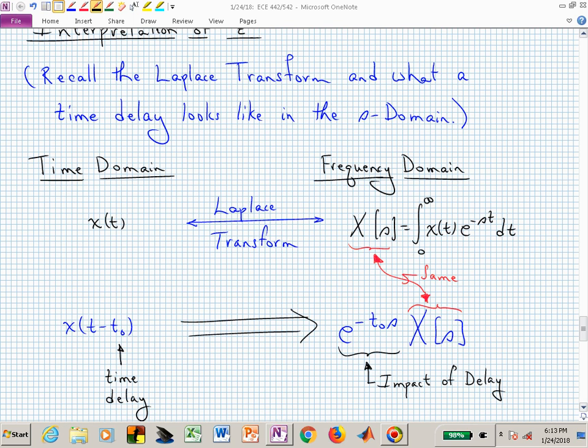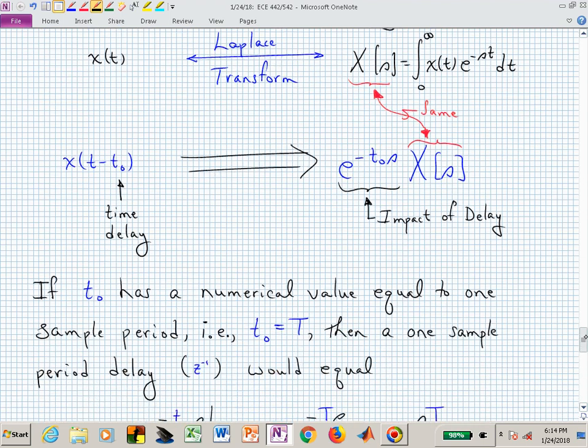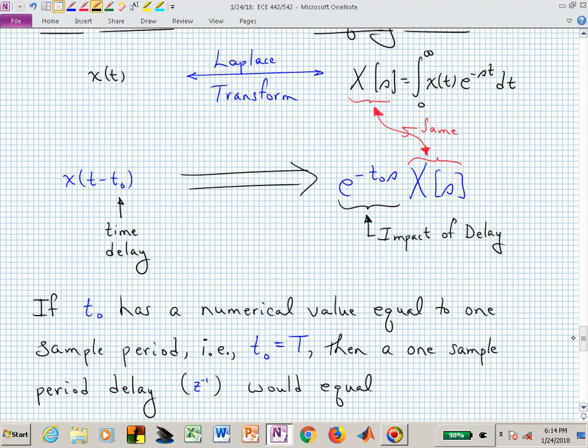That's what I'm assuming you already have in your toolkit. Walking into class, you've now carried this toolkit of Laplace transform techniques with you. You now know what the time delay looks like in the continuous time setting. Let's now relate that to what we're doing in this class, which is discrete time.